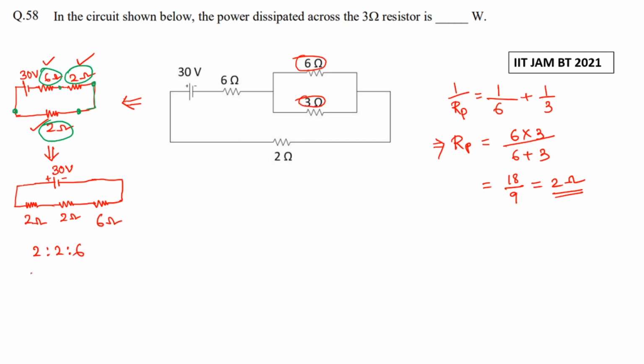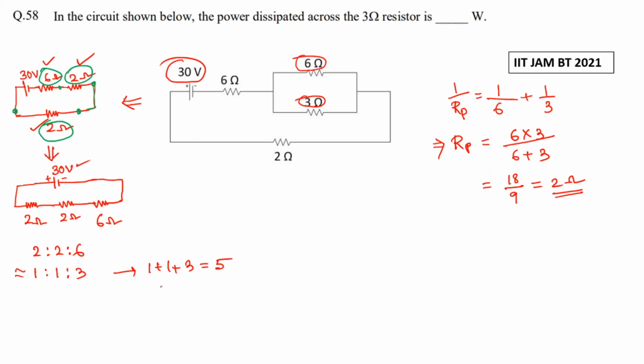Or we can say this is in the ratio 1:1:3, right? That means if we add 1 plus 1 plus 3, we get 5. And our battery is 30 volt. 30 volt battery we have.